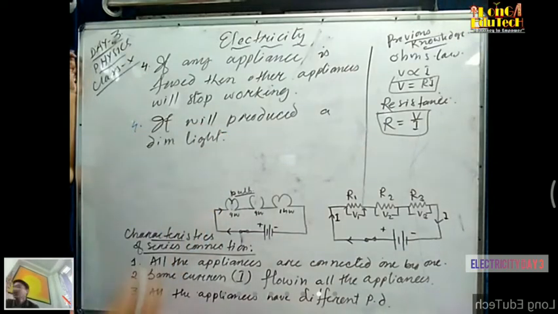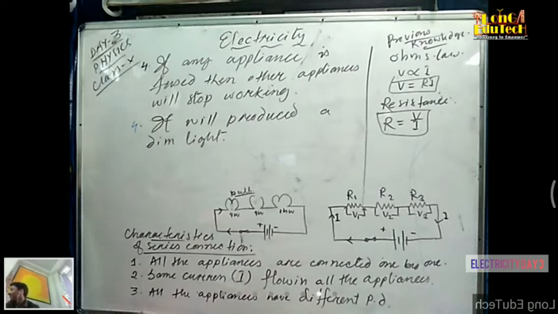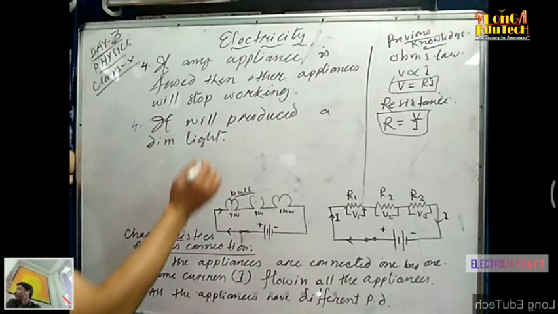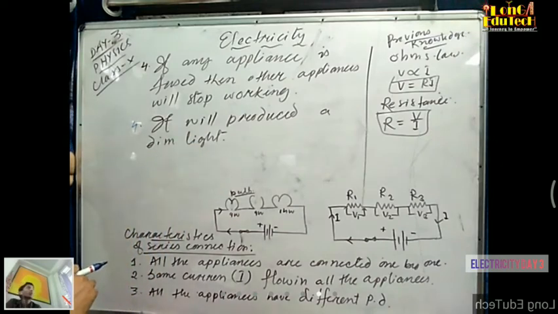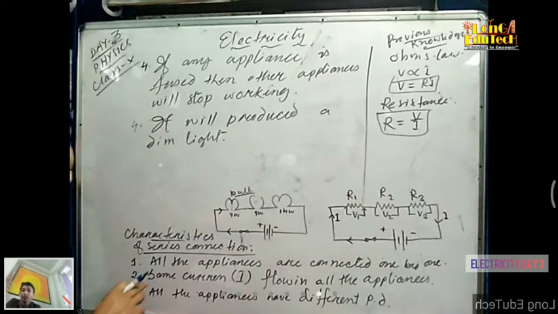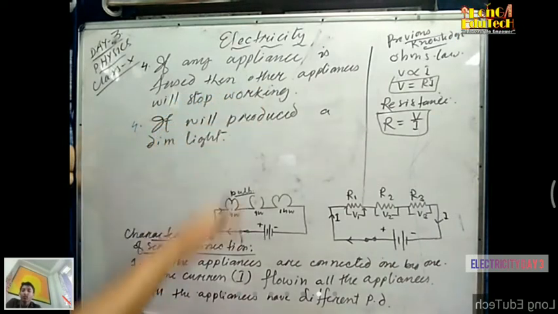Yeah, suppose if we connect all the bulbs, light बोलेगा तो कुछ लाइट देने वाला बल्ब हो या कोई भी होना पड़ेगा ना. It will produce a dim light. Okay, so this is the number 4 point. Anything else here? Nothing is here. And if one appliance is off, then others also will stop working.